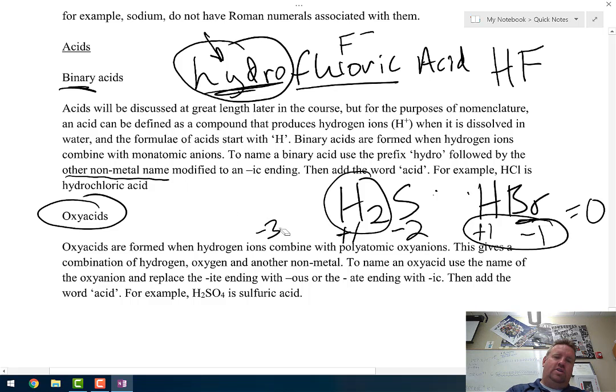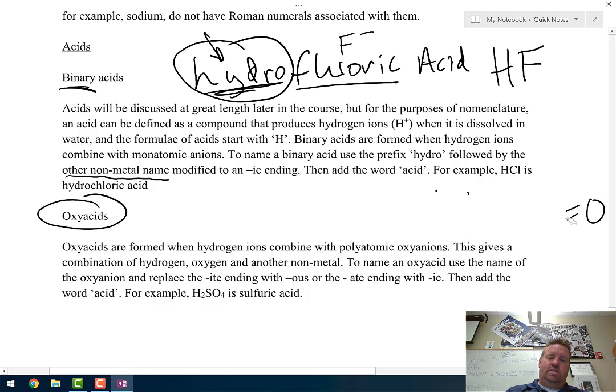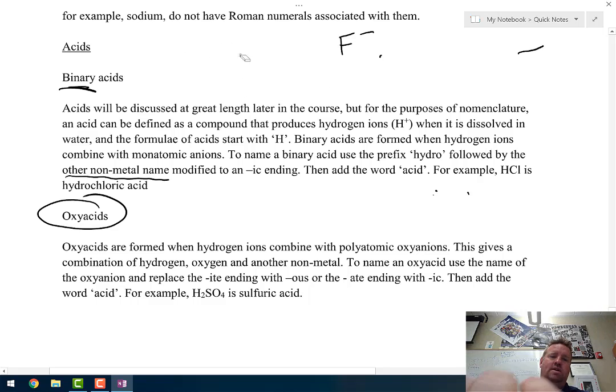Okay, so let's go ahead and jump down now to oxyacids. As you can see here, an oxyacid is one when hydrogen ions combine with polyatomic oxyanions. So again, let's talk about what that means. Poly means many, atomic means atoms.